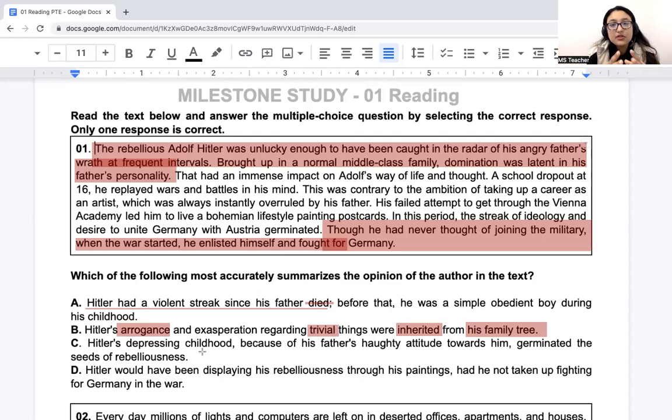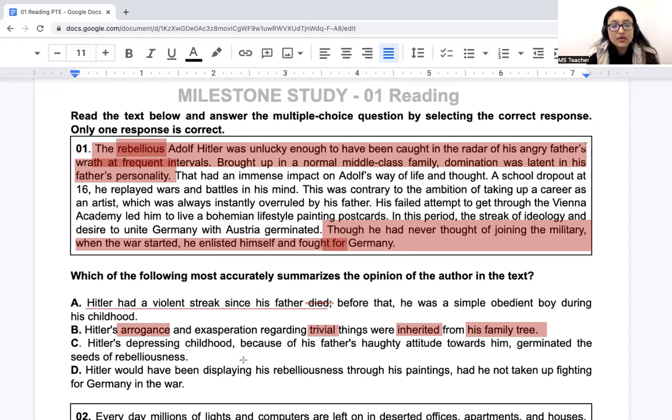They didn't say because of his father he became like this. He became arrogant. Yes, he became arrogant. So the word rebellious means he started to go against people. Okay, not become arrogant.